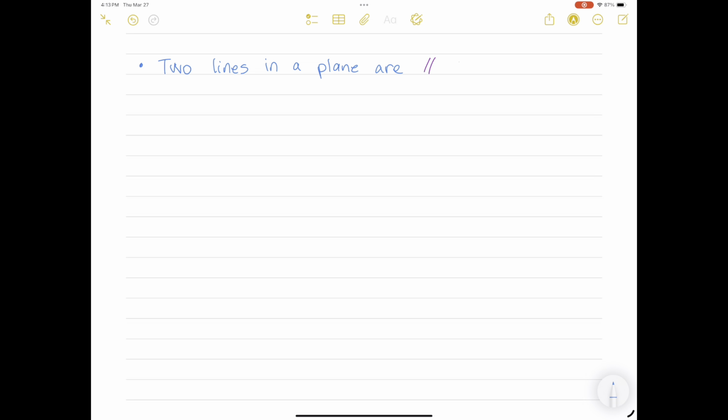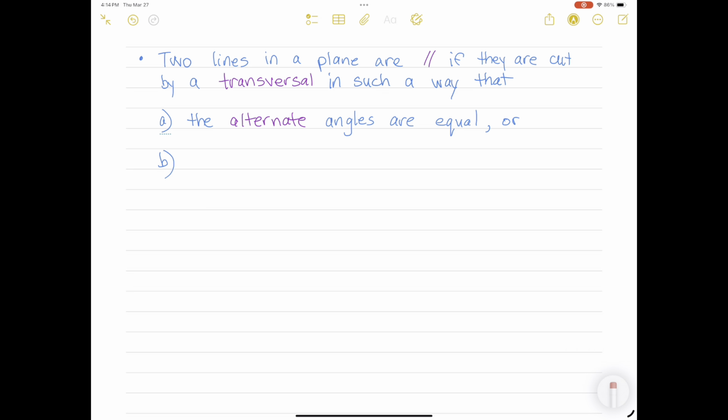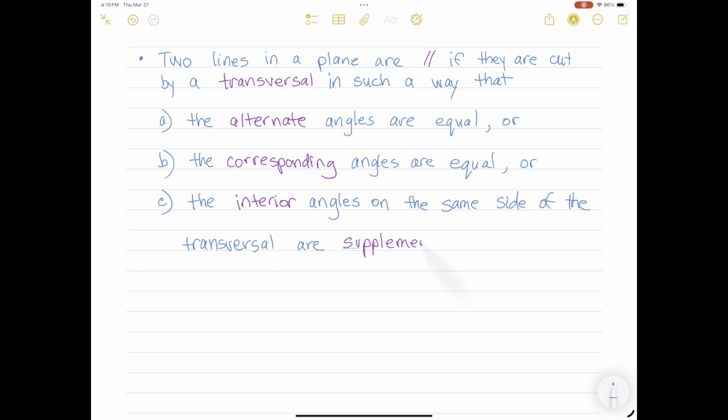Two lines in a plane are parallel if they are cut by a transversal in such a way that A, the alternate angles are equal, or B, the corresponding angles are equal, or C, the interior angles on the same side of the transversal are supplementary.